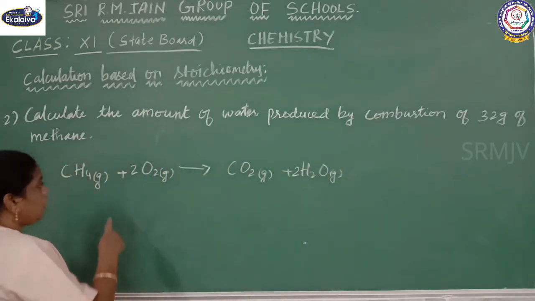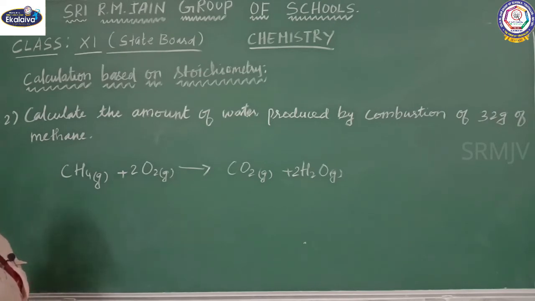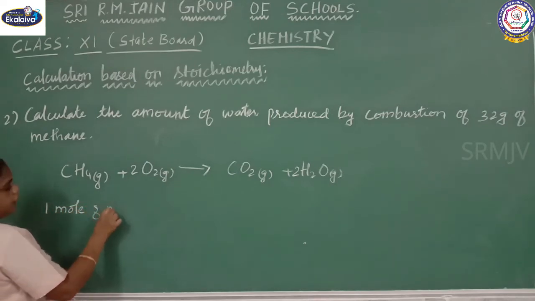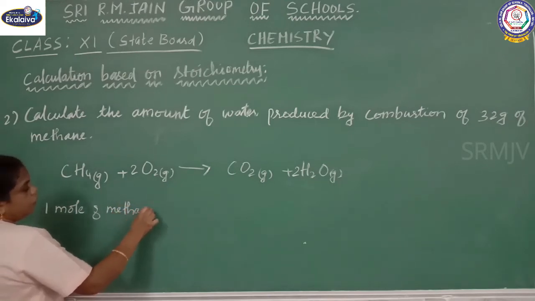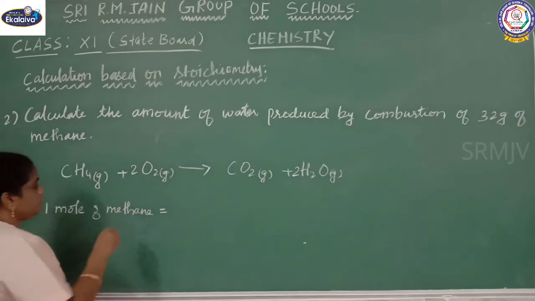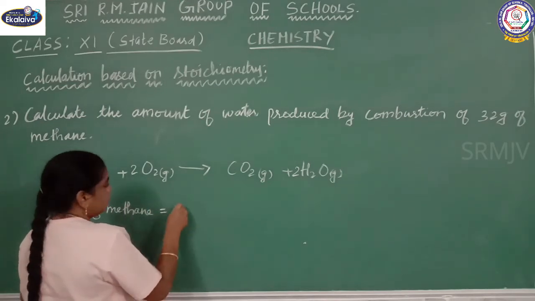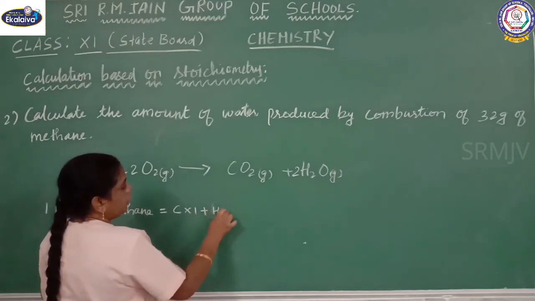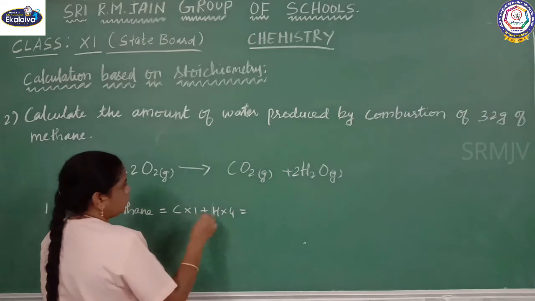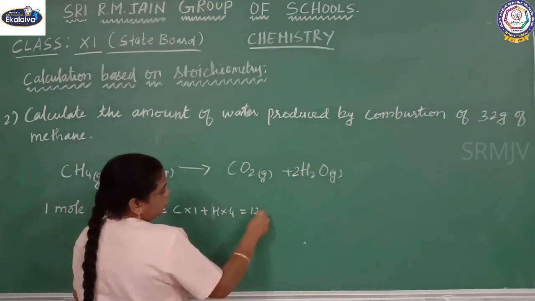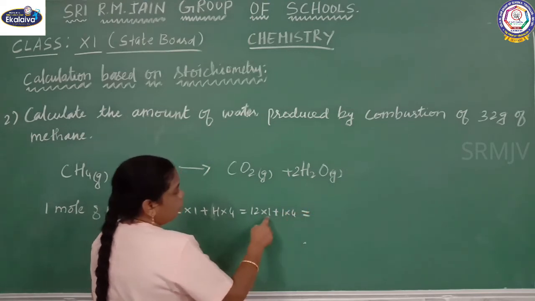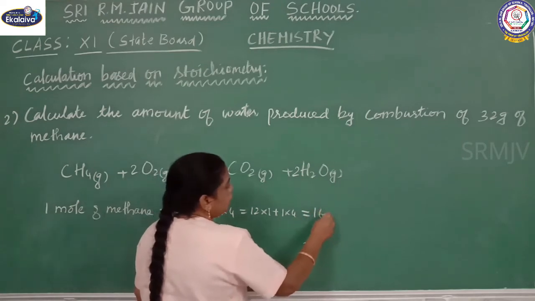Now in this equation, we want to find the molar mass of methane. 1 mole of methane is equal to the molar mass of methane. Carbon into 1 plus hydrogen into 4 equals 12 into 1 plus 1 into 4. 12 ones are 12 plus 4, 16 gram.